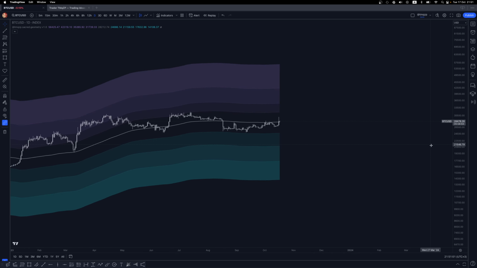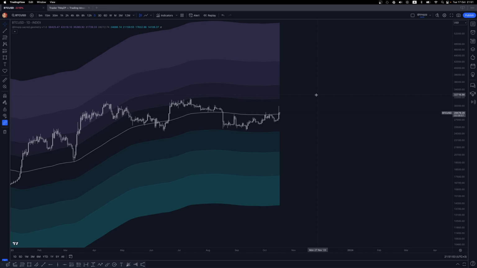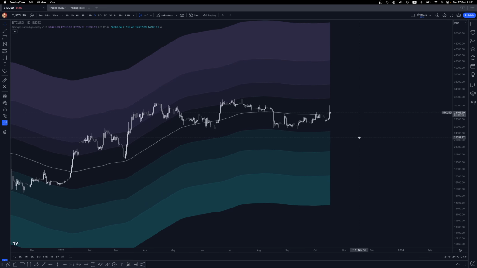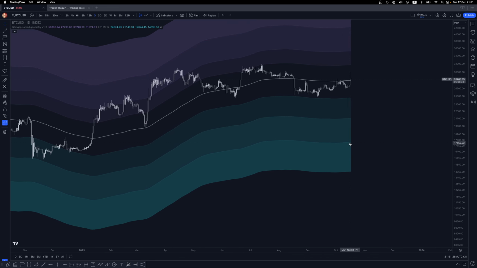If you want to set your targets, let's say you want to enter here and target the first or the second, then you can see the values up here. The first and the second is right there, right? If you hover over it, there's a little tooltip that says it. You can see, hey, +1, +2, +3, +4, -1, -2, -3, -4. That makes sense, right? All right.